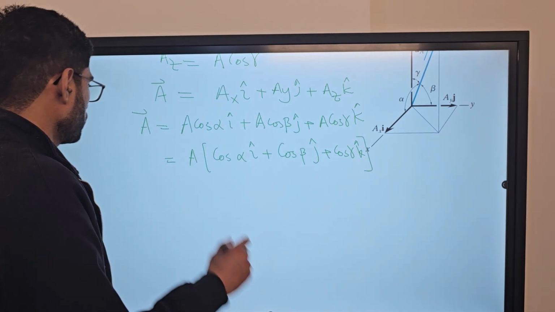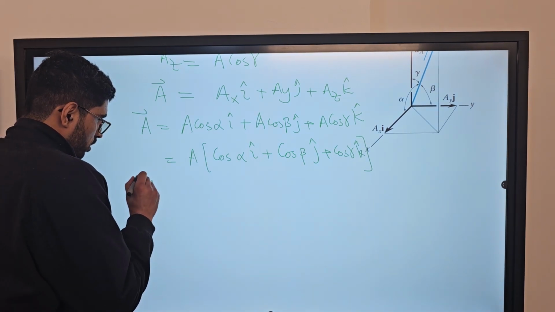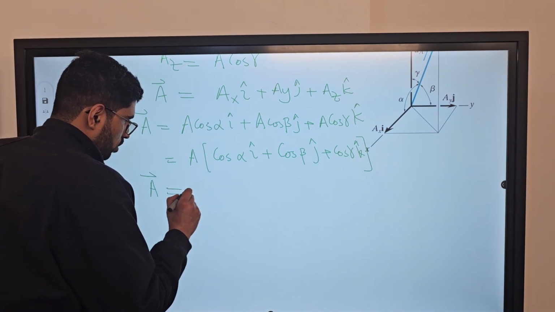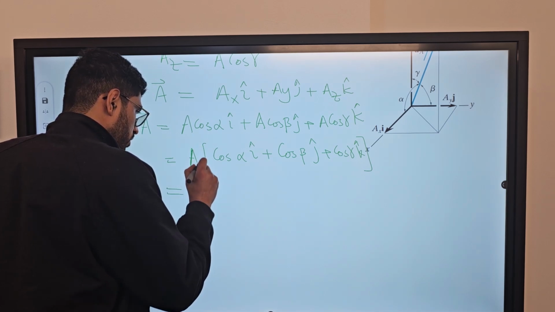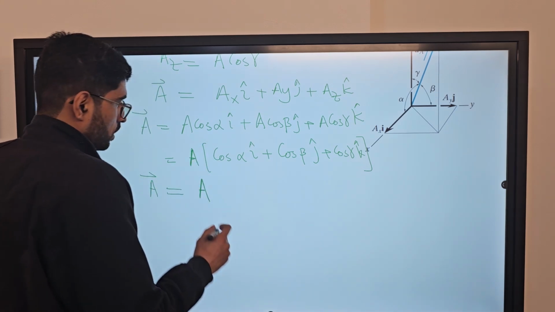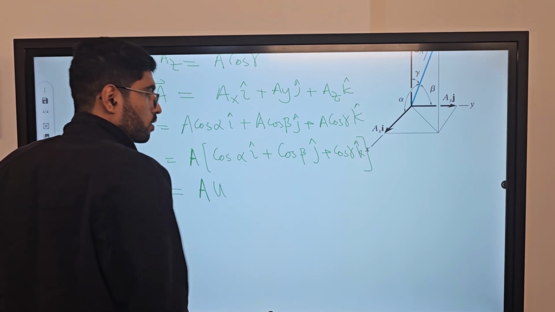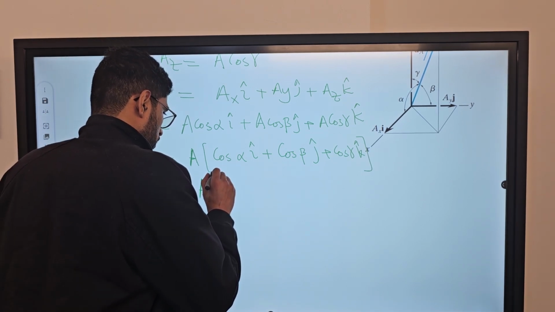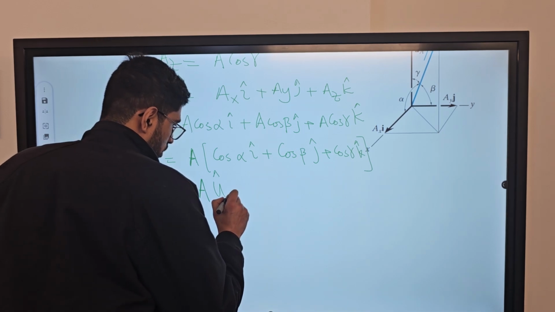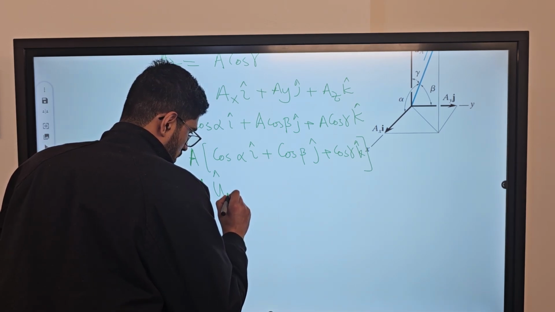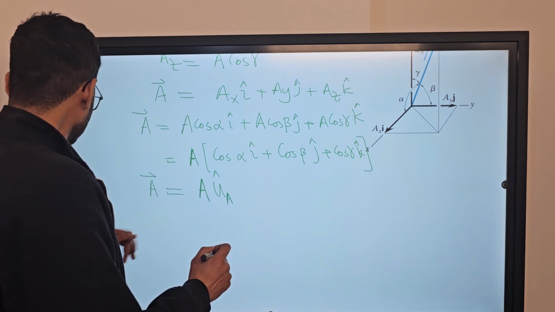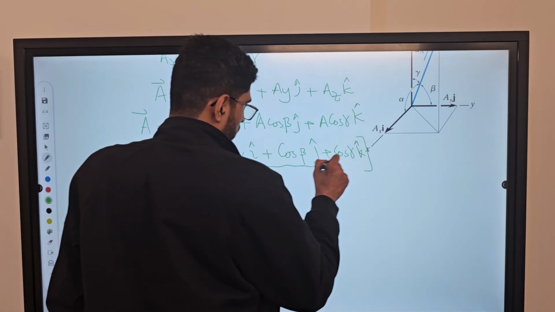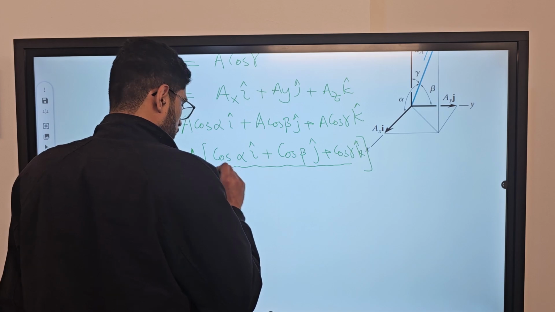And we know that we can always write a given vector a as its magnitude, so this a is the magnitude of the vector, times the unit vector. We can say that whatever is written in these brackets is the unit vector for the given vector a.